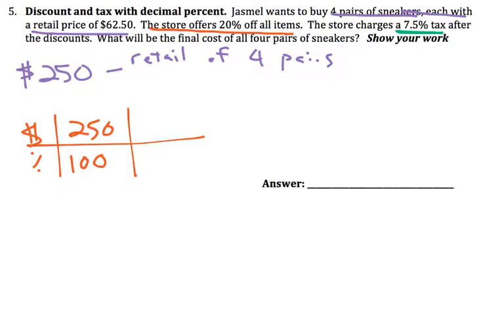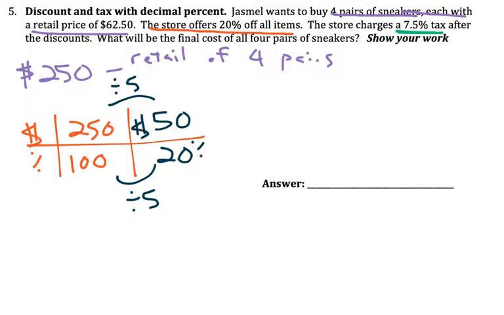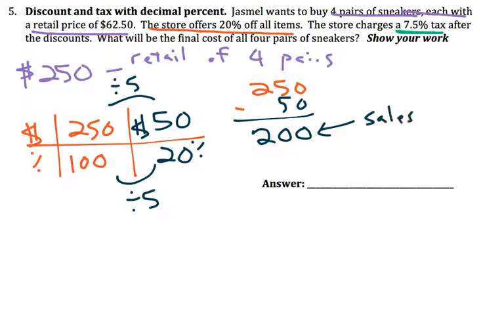To get to 20%, let's just do divided by 5. And 50, 100, 150, 200, 250. So that would be $50 is 20%. And take our retail price, subtract the discount, gives us a sales price of $200. Try and label your work so you can keep track of these longer percent problems.